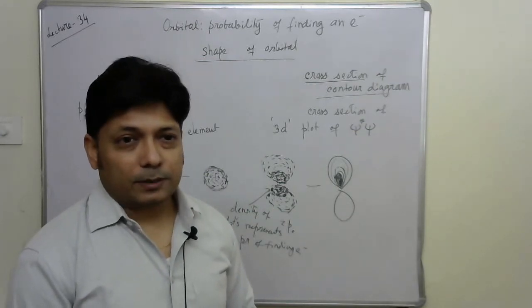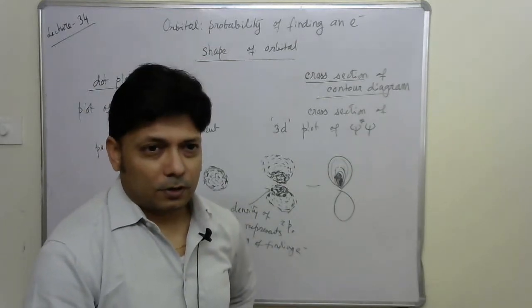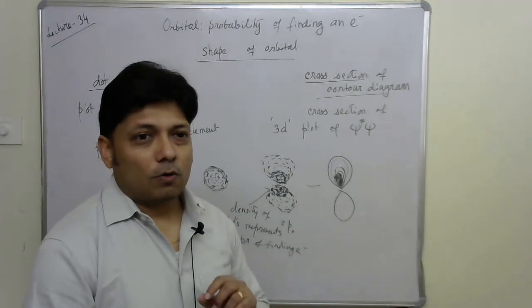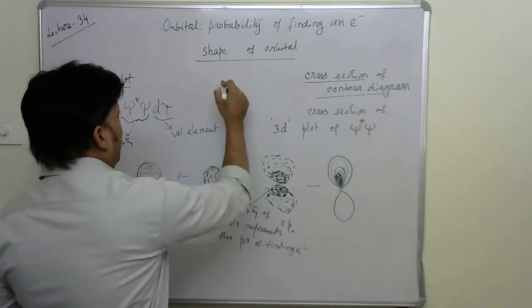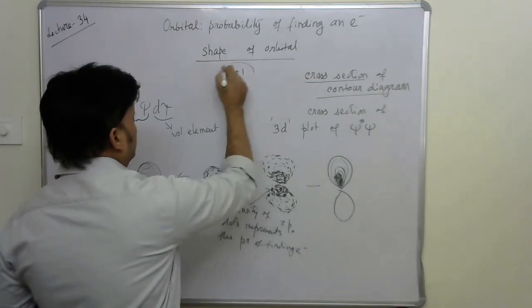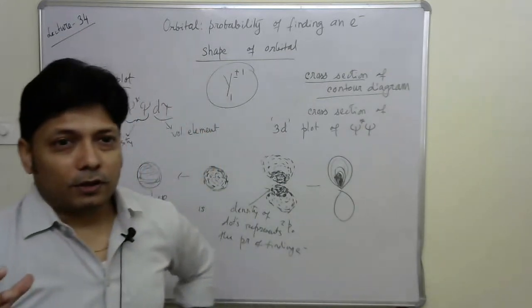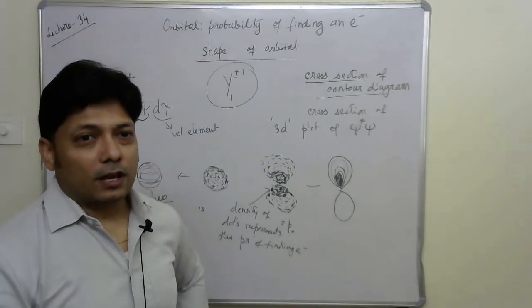But still, there are a few more aspects left. What are those? Let's take a look at what happens for the spherical harmonic Y1 plus or minus 1. That leaves us something interesting to discuss. So let's quickly erase and discuss it.